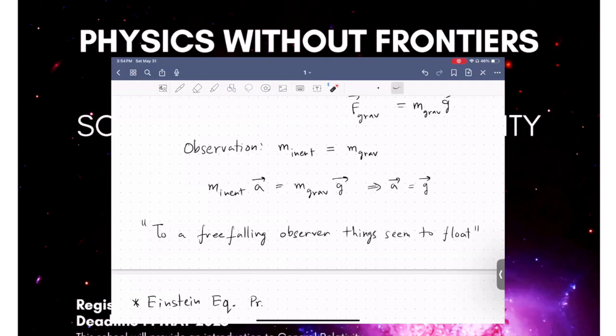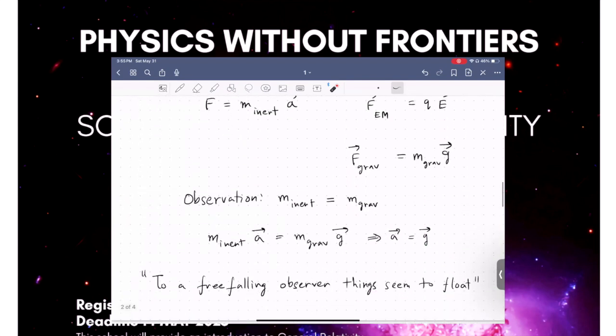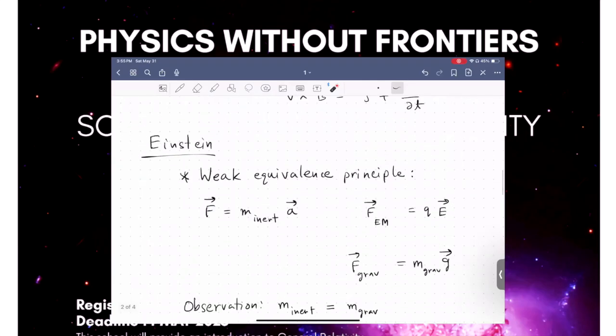Newton set the proportionality constant in F equals K m a to 1. K equals 1. Okay. He did it so that the inertial mass equals the gravitational mass. Sure. Yeah, you can say that there is some proportionality constant in Newton's equations, but then you would have a constant hanging around. I mean, there are maybe other constants hanging around. I'm setting all the constants to 1.